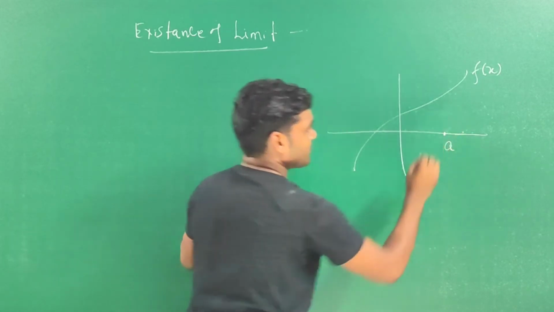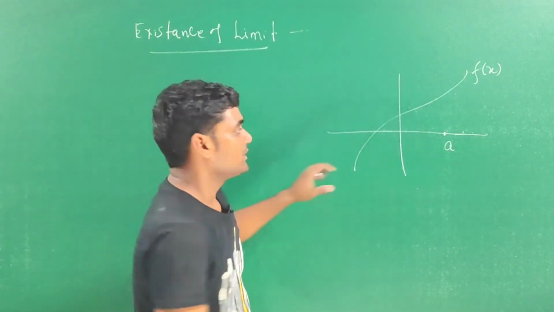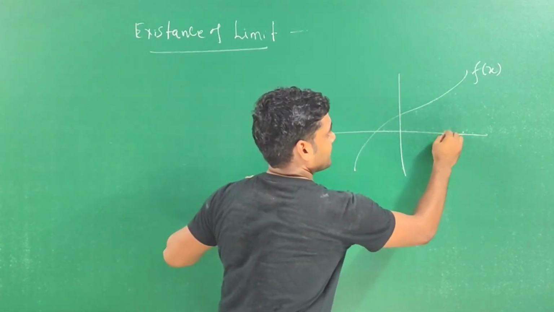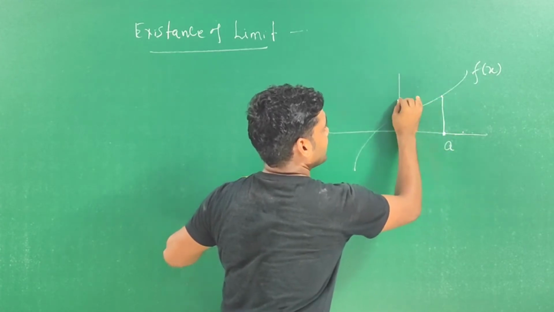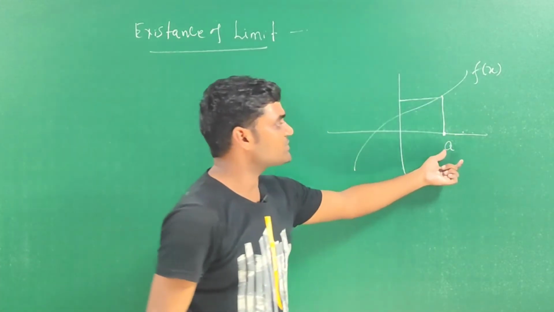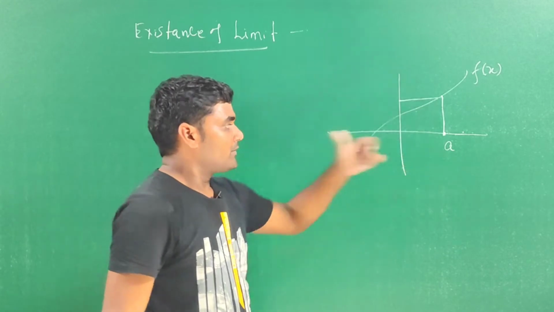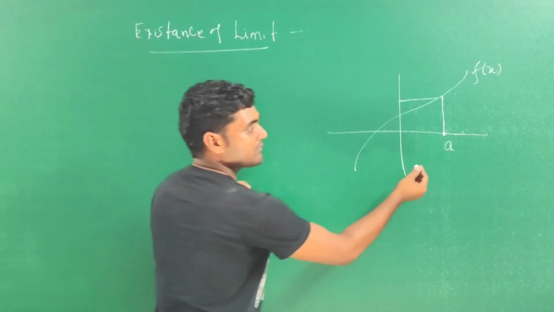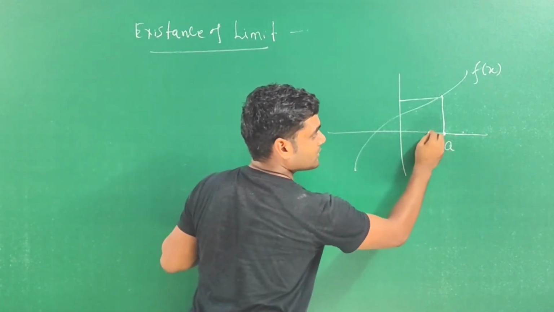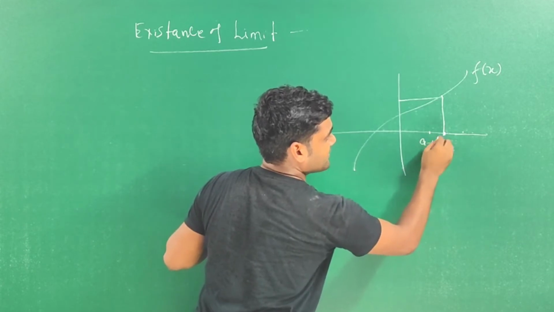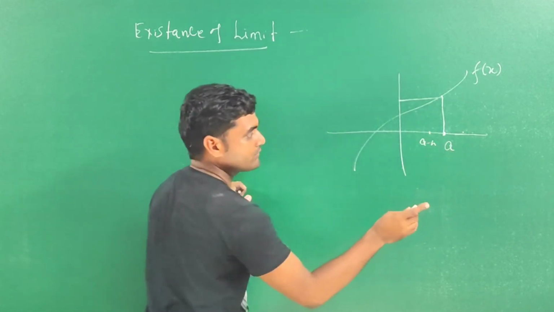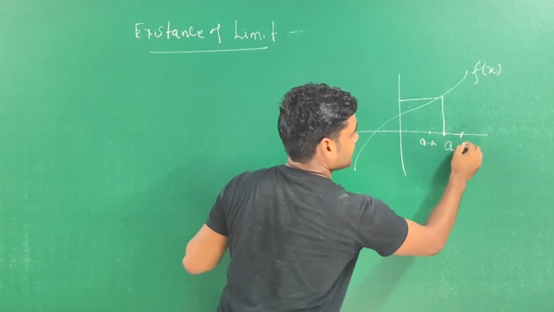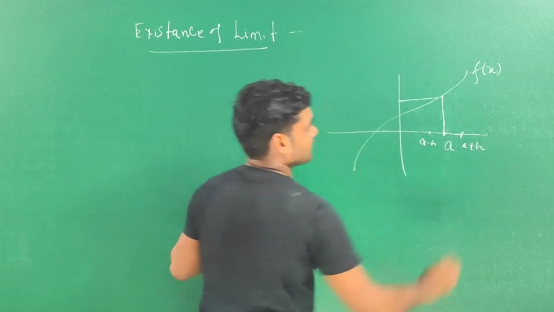Suppose this point is a. So we have to find the limit at this point. Suppose we have its neighboring point a minus h, where h is a very small quantity, and this one will be a right neighborhood.